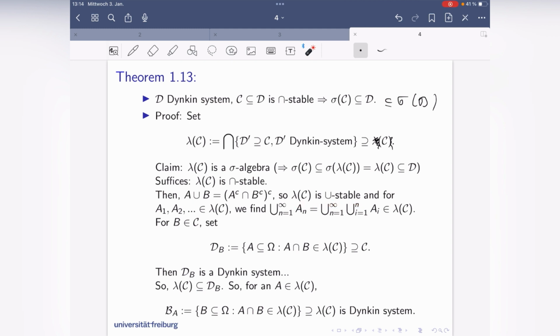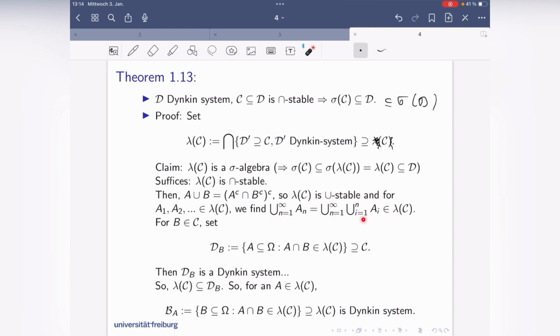And if we have A1, A2, and so on in lambda of C, then we can write the infinite union, well, I just smuggle in the union of 1 to n of Ai, so that doesn't change the complete union.